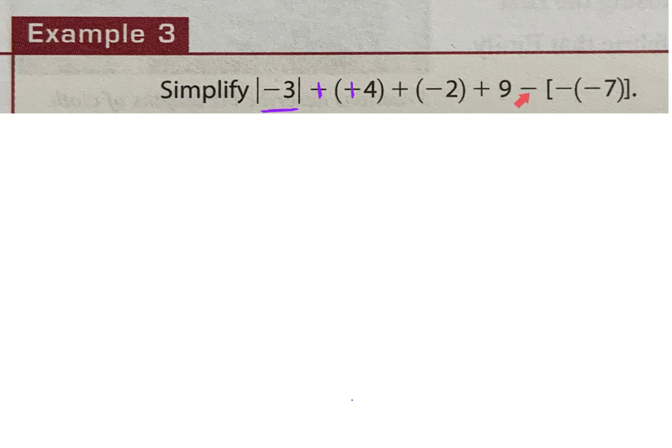Then we have a minus a -7, okay? So we're going to work inside out here, because this is brackets. So we're going to deal with this one first. We have a minus a negative here. So what are we going to do with that one? Change it to adding the opposite, right? Does that make sense? Well, then now we have a subtraction here.